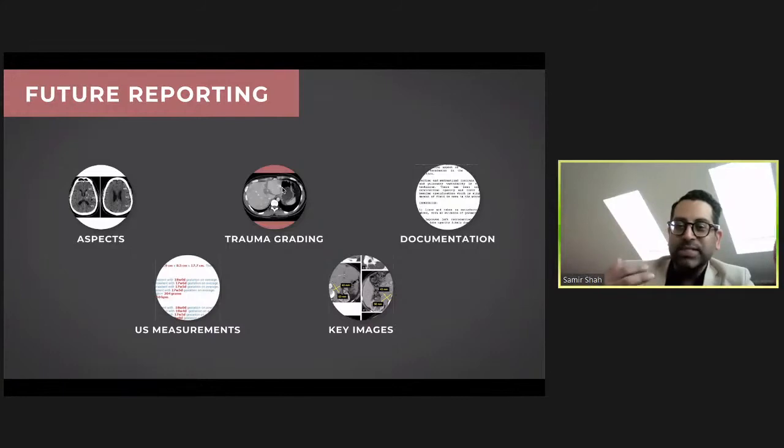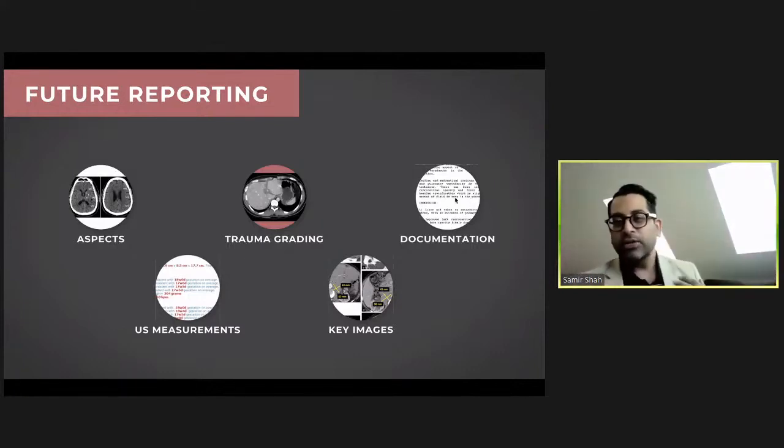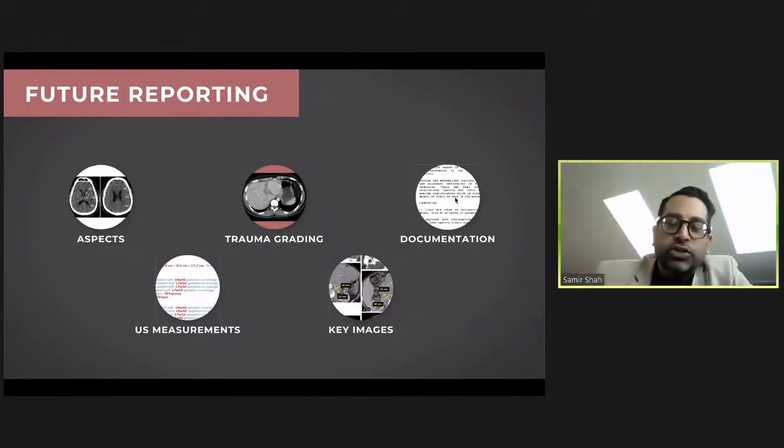We see bleeding, we see a laceration, we just want to get that report out. What if it was all done automatically? And what if documentation that Dr. Shah spoke to the trauma surgeon about this report was automatically documented? Imagine the time savings that every radiologist would earn.